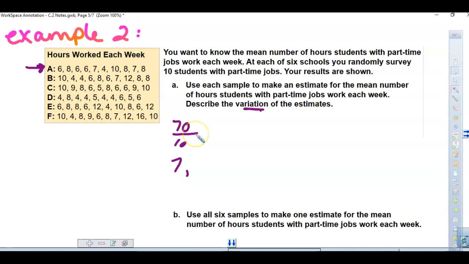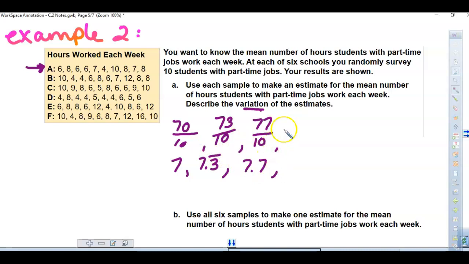Now we're going to calculate the average for each of the others. The sum of B was 73, so 73 divided by 10 is 7.3. C was 77 divided by 10 is 7.7. D, if you add them up, you get 50, and there's 10 numbers, so 50 divided by 10 is 5.